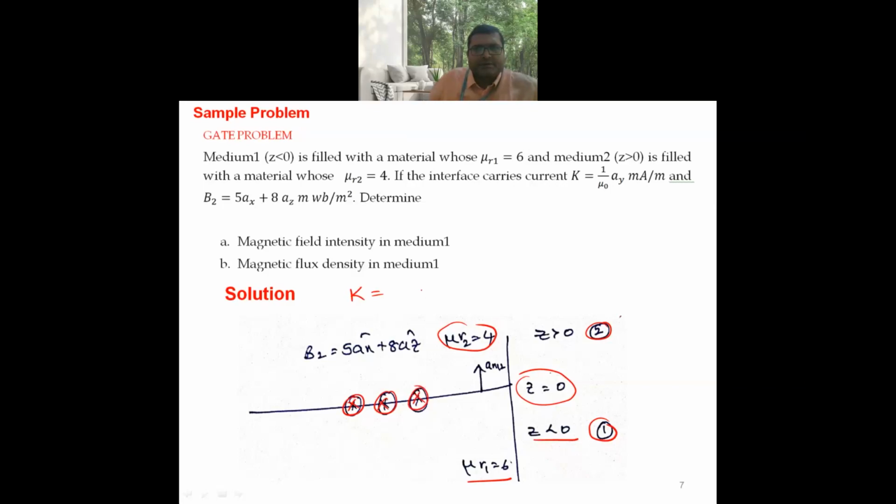The value of K is equal to 1 by mu naught ay cap milliampere per meter, and AN12 is a unit vector directed from medium 1 to medium 2, normal to the boundary. Here, for z less than 0, z equal to 0, z greater than 0, it is taken as plus az cap.